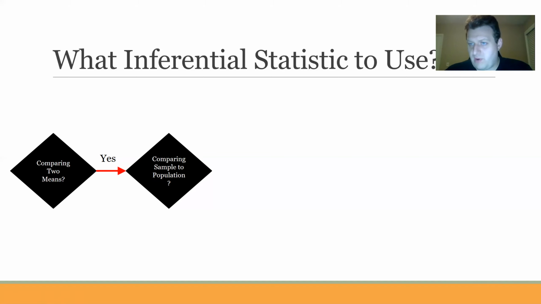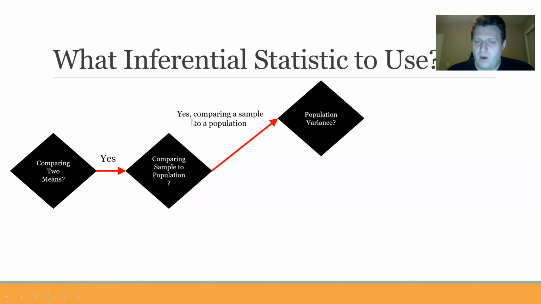So we might be comparing maybe 20 randomly selected people that own a dog, measure them on anxiety, and then compare that to the population mean of a test of anxiety. If that's the case, we are going to move up in this flow chart. Yes, we're comparing a sample to a population.